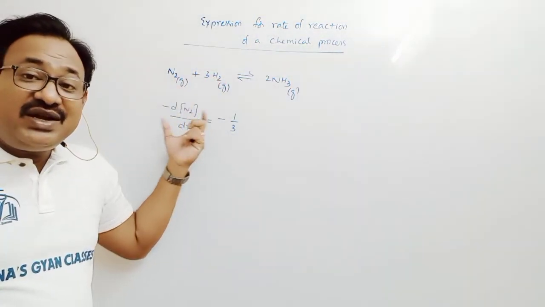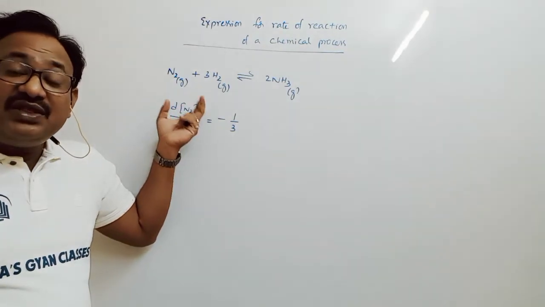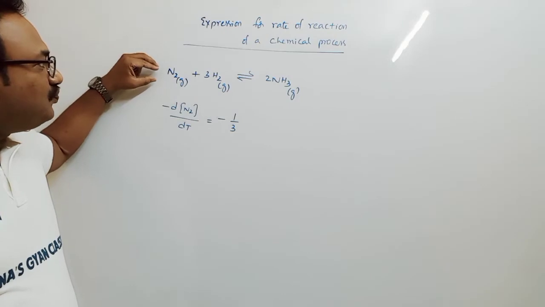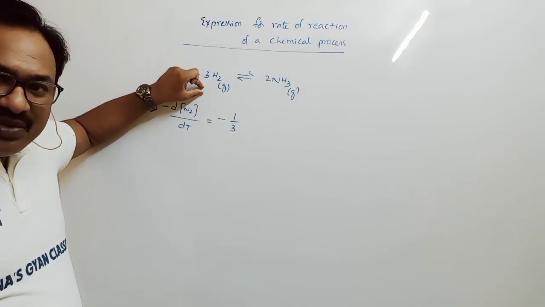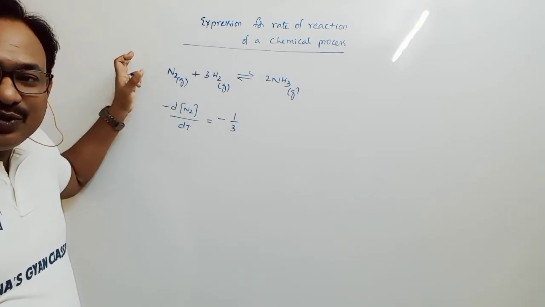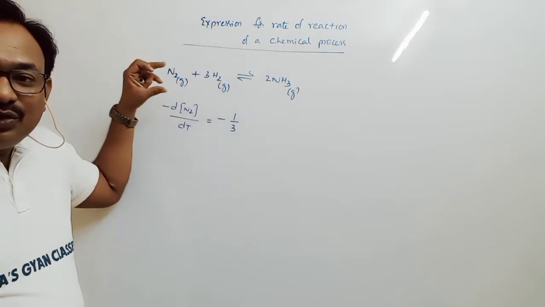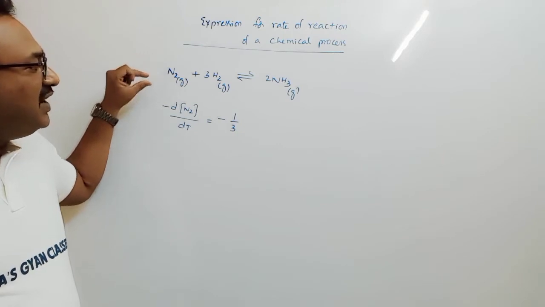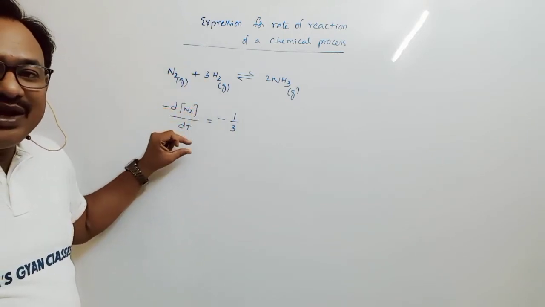We are equating them with respect to rate. It means in the time that 1/3 of the hydrogen is completely used, this much nitrogen can decompose, because you are taking them in a 1:3 ratio. So the disappearance of nitrogen and the disappearance of hydrogen you are equating.